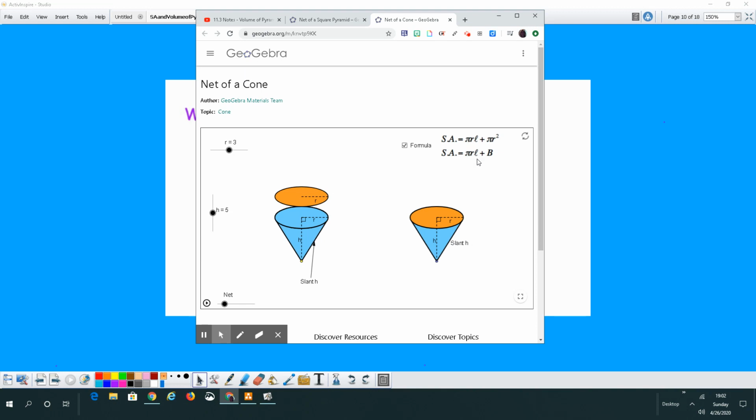And this L, cursive L, is the letter we use for slant height, just so you know that. So it's pi times r times slant height, r the radius, plus pi r squared.